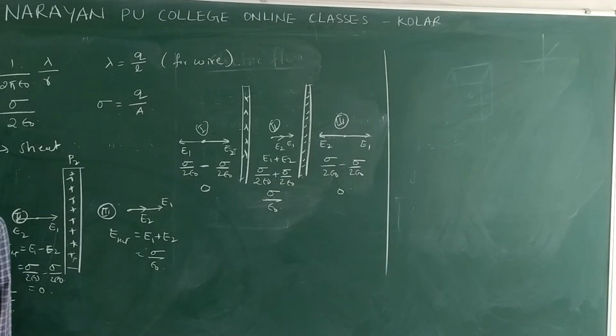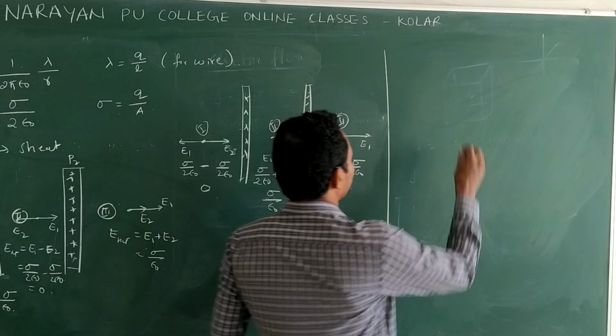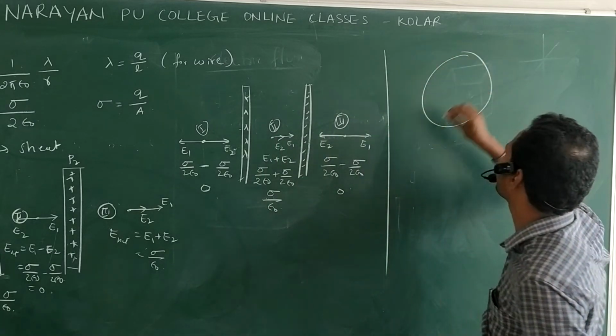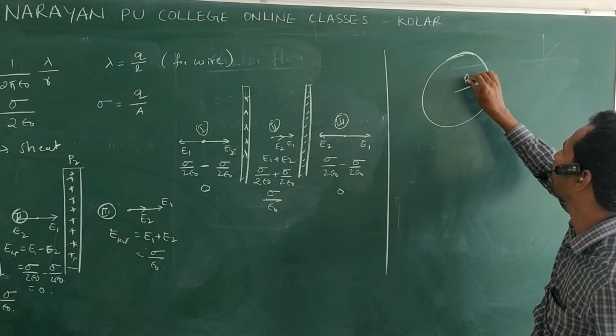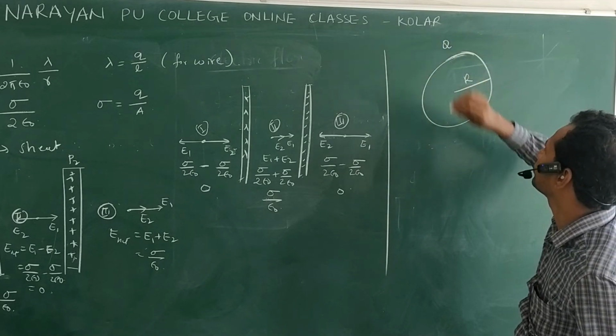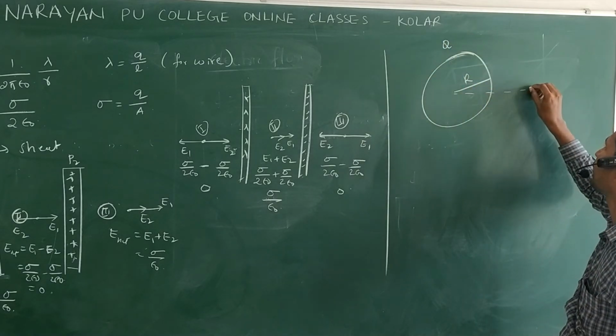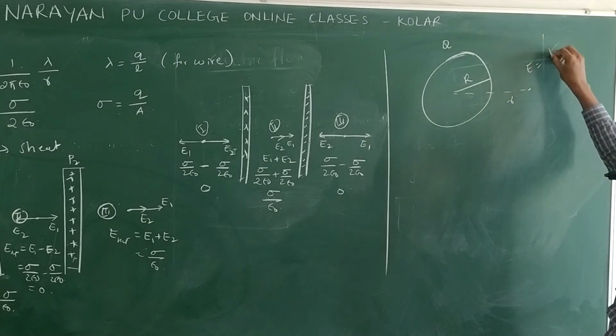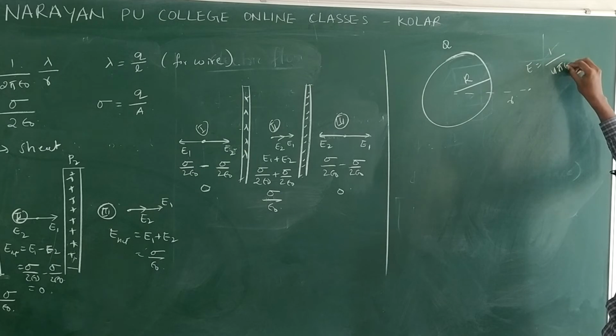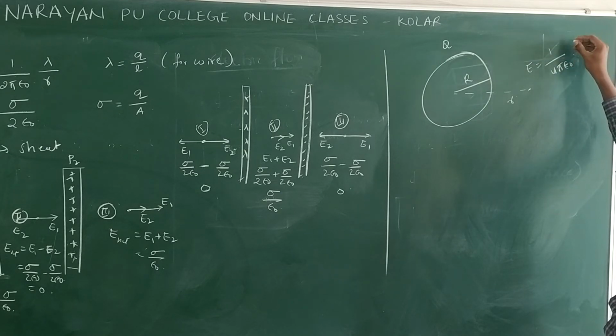Now, electric field due to a shell. Already we have done this very important 5-mark question. The electric field due to a shell, a hollow sphere of radius, let us say, capital R. If charge is given to this and they ask for the field outside at a distance r, then electric field E is equal to 1 by 4 pi epsilon naught q by r square.